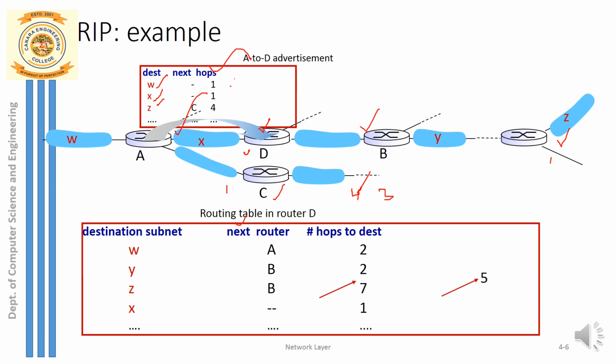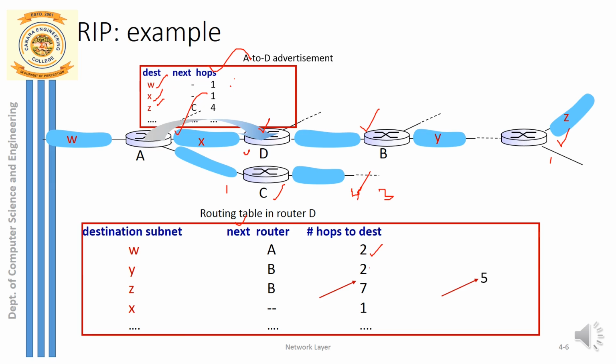We'll just see how our routing table will update. So after it obtains the information from A, it checks its forwarding table, whether it has to change this first W subnet. So it knows that D can reach A in one hop. Again, A can reach this W in one more hop, right? So here this cost cannot change. It is the same too.